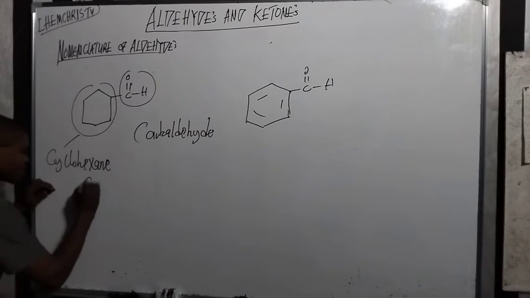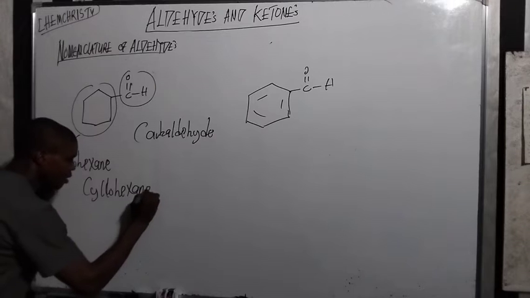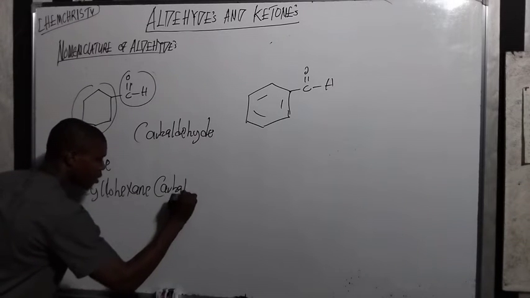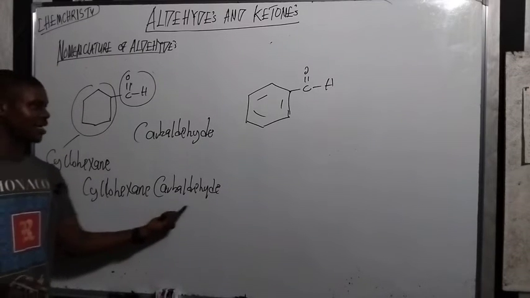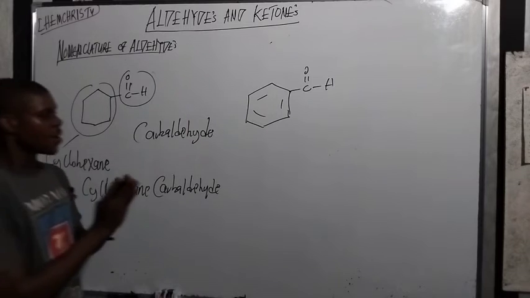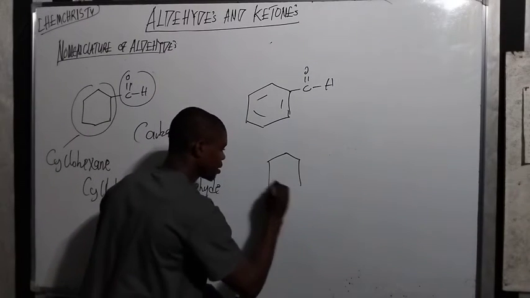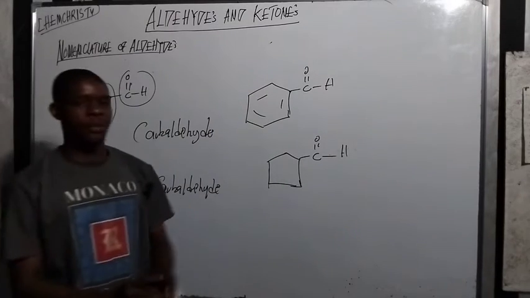So it's going to be cyclohexane carbaldehyde. Yes, that is the name. You have to take note of this. If I have this one here like this, what will be the name of this compound?